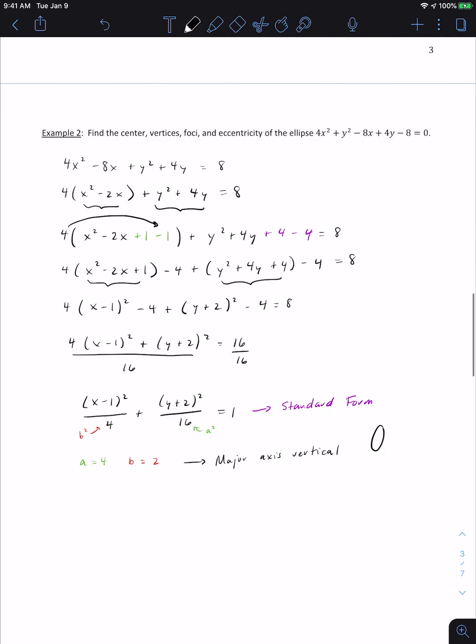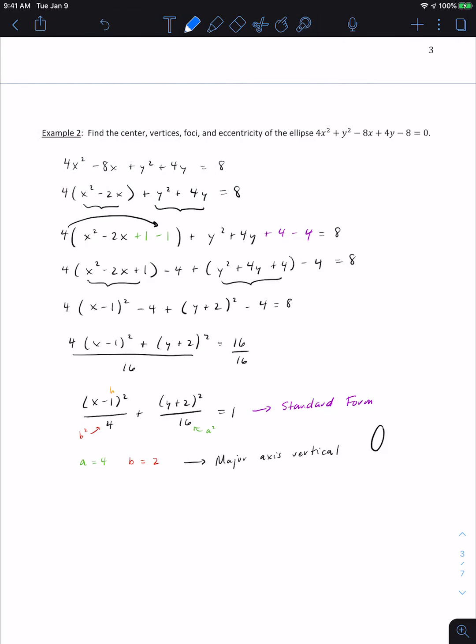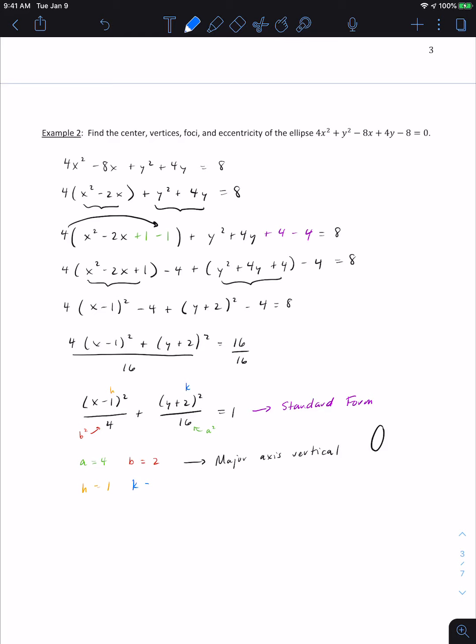Now I can identify my center, right? Whatever I'm subtracting from X is my H, and whatever I'm subtracting from Y is my K. So H is equal to 1 because I'm subtracting 1, and K is equal to minus 2 because that's what I subtract to get y plus 2 there.